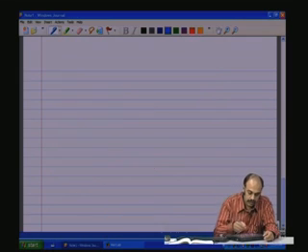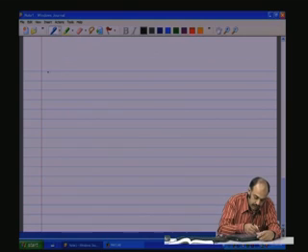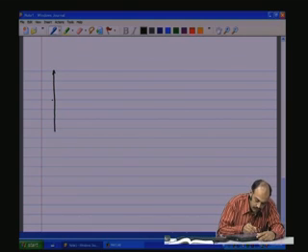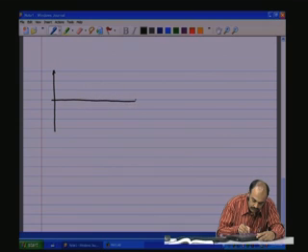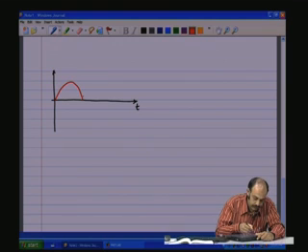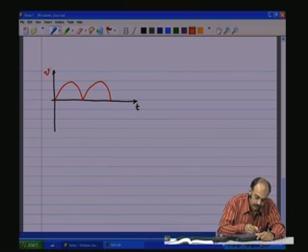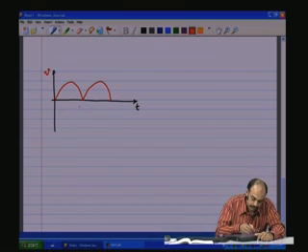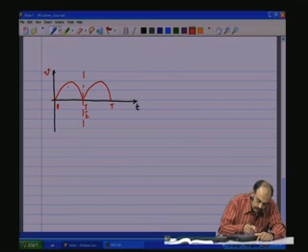So, let us go to a fresh page. Let me write only the half portion. This is the time axis. Now, we have the full wave rectified waveform, and let us take up to this point, that is 0, T by 2, T, and this is Vm.